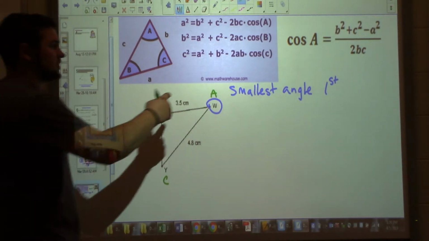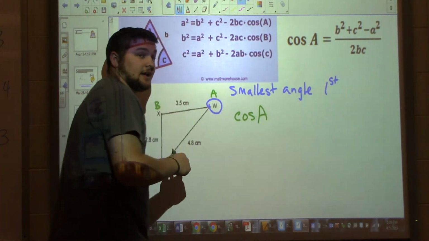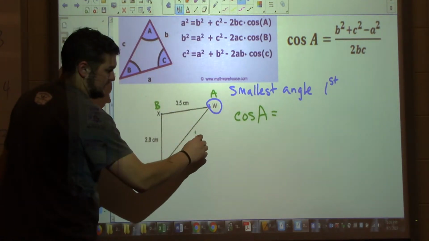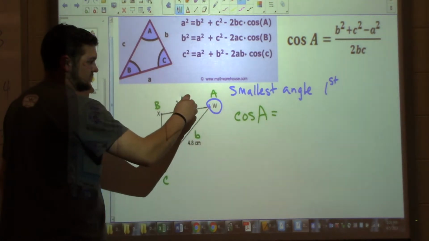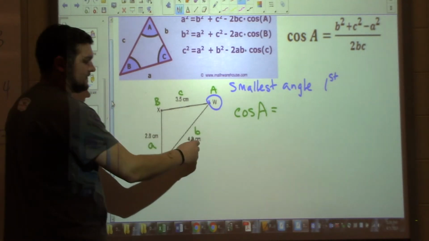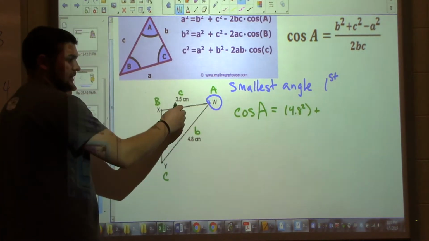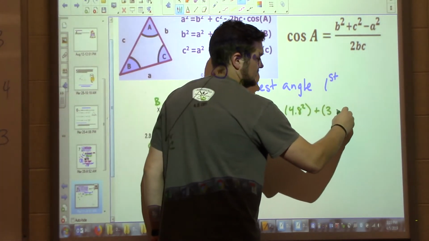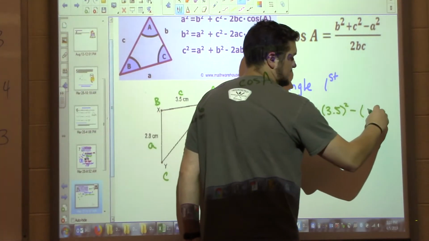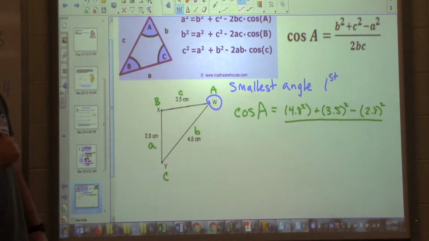So cosine of A, cosine of angle A. I don't know A, so it's just going to stay like cosine of A equals, well, side B is across from angle B, side C is across from angle C, side A is across from angle A. So B squared would be 4.8 squared plus C squared would be 3.5 squared minus A squared, which is 2.8 squared, over 2 times B times C.